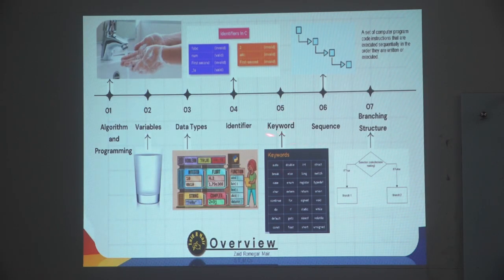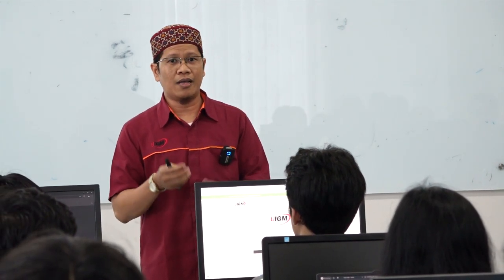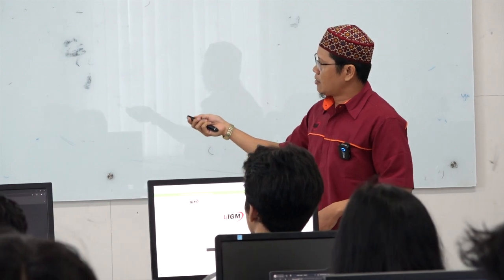We can imagine what variables are. If we take a cup or a glass and fill it with water, the water is the data, and the glass is a container, which we can call a variable. Then we have data types.